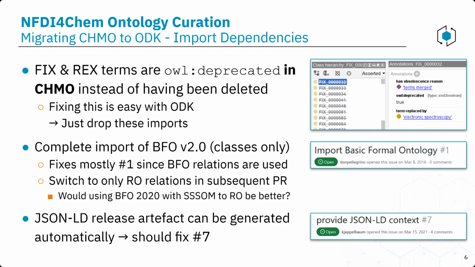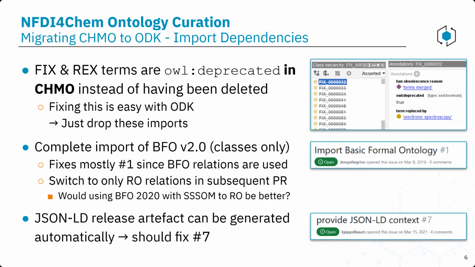However, CHMO also currently uses some presumably outdated BFO relations, so we could not replace all of these relations with their equivalents from the Relation Ontology, like has part or has participant, and thus kept them so far within the CHMO editor file. We will look closer into this in a subsequent PR, and maybe need to think about whether we should rather use the BFO 2020 version, which also includes relations alongside RO.